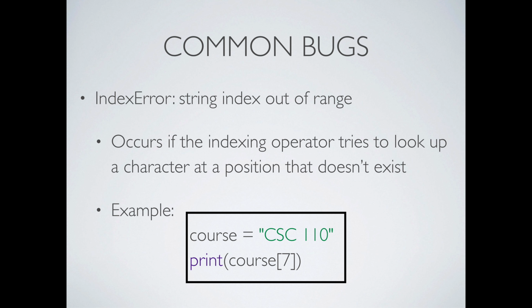So going back to this previous example, CSC space 110, if I try to print course square bracket 7, meaning, hey, tell me the character that is at index 7 in that course string, there is nothing at index 7, right? Remember we talked about the last index that is being used here is 6, which is what that 0 is at. So in this case, if I try to print course at index 7, you're going to get this error message. And the reason again is because there's nothing there at index 7.